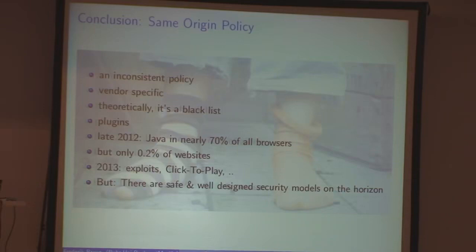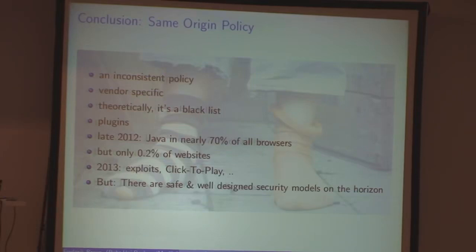and then vulnerabilities may come up. And these are statistics I have from last year because the thesis was worked on last year. Java was active in 70% of all browsers, even though it was used on only 0.2% of websites. So my suggestion would have been, why not just disable Java?